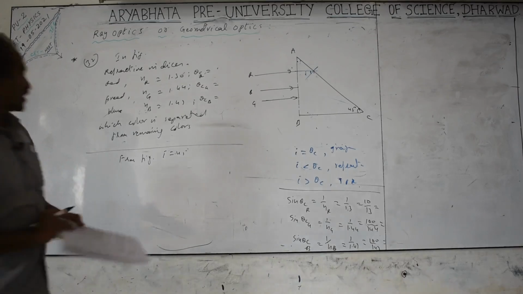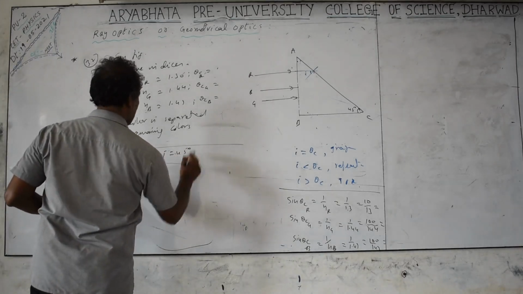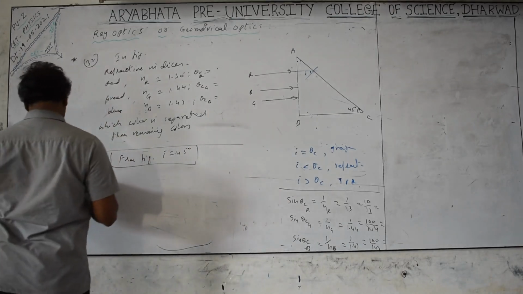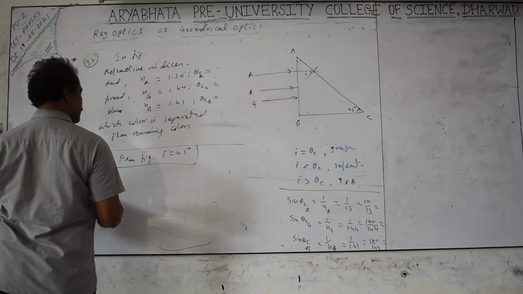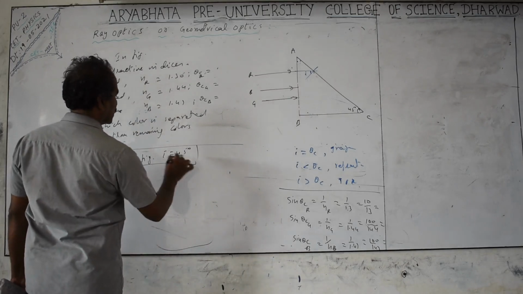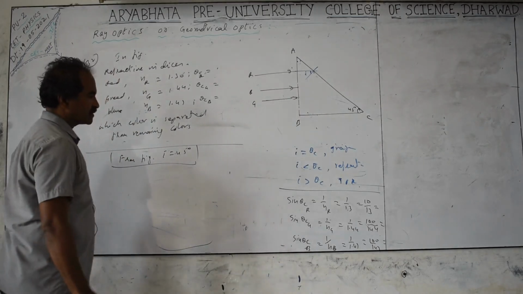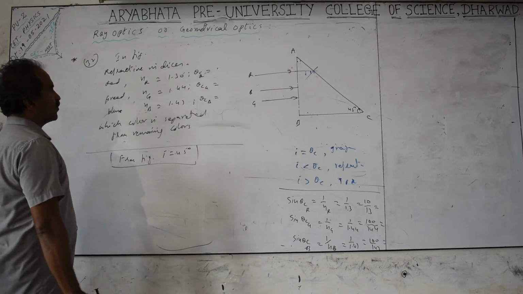After calculation, what you get is I equal to 45 degrees. If I take I equal to theta c, to get the relation, sin 45 is equal to 1 by root 2. So n becomes equal to 1.414.